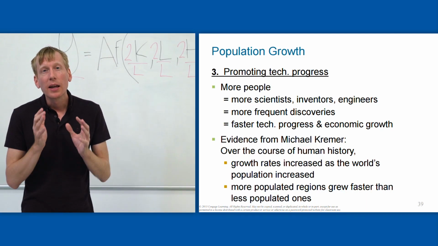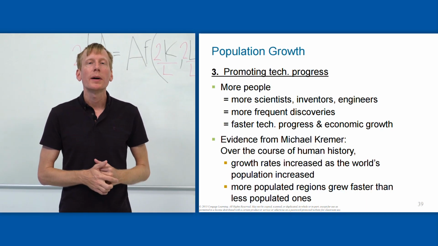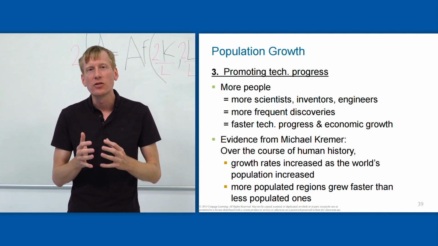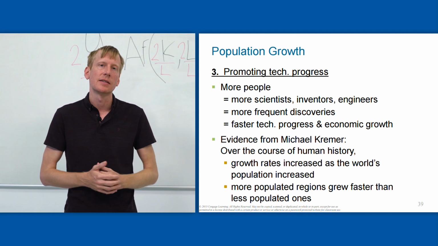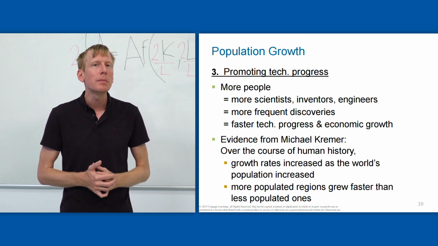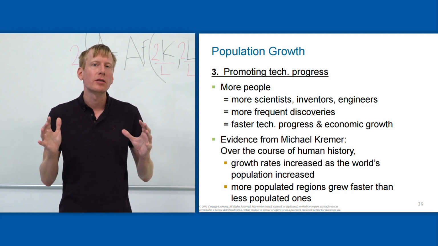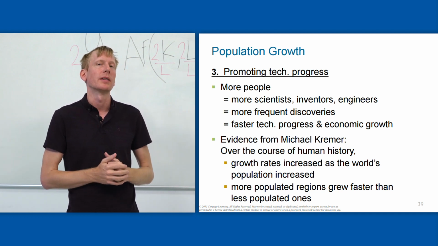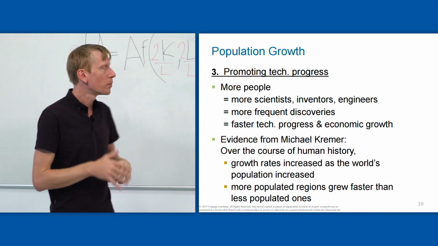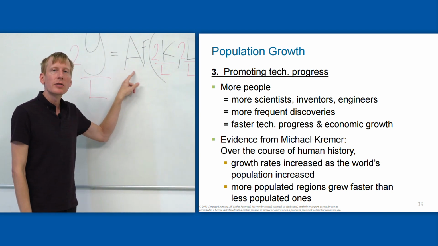One thing, if we have more people, we might have more scientists and more engineers and more brilliant people and more new ideas. So they argue that maybe as our population grows, either in a larger country or a larger world population, we have a more rapid increase in this rate of technological change.